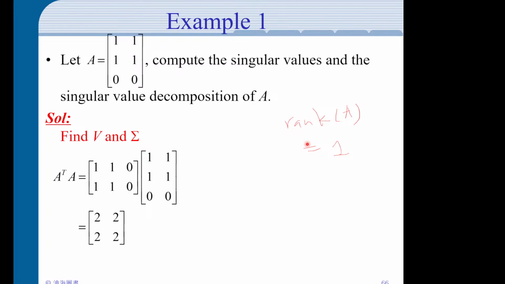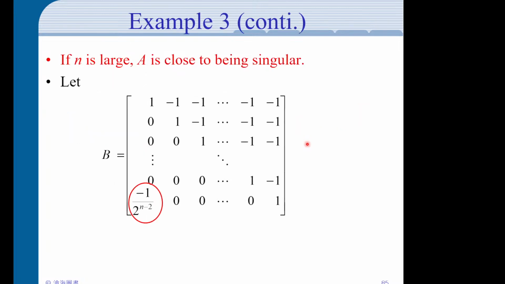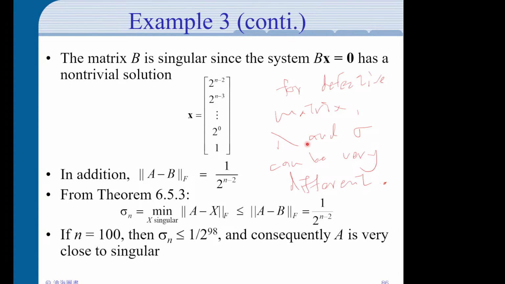Let's jump back. Okay, for the previous section, for a real symmetric matrix, the eigenvalue and the singular value will be very similar. Basically, the singular value will just be the absolute value of lambda, the eigenvalue.